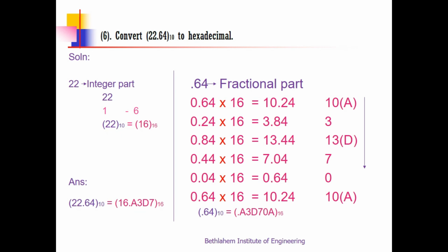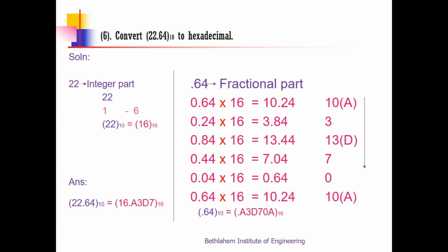So, summarizing the conversion part. We have seen the conversion of a decimal number to other number systems. There we have two parts in a number: there can be an integer part and a fractional part. If you have an integer part, we have to follow the division method like this, and the divisor here will be the base of the number system to which it is to be converted.